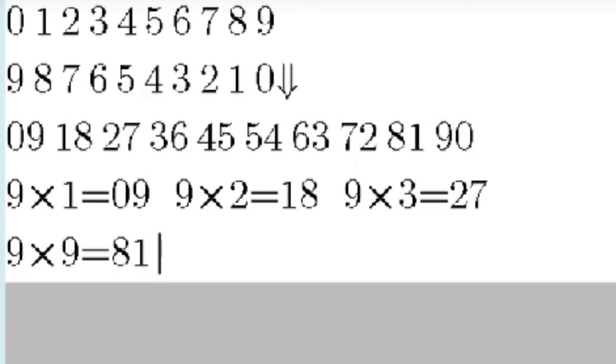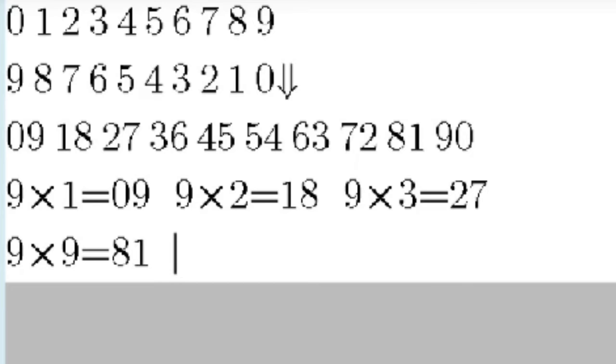You can still go further to check other ones like 9 times 6. 9 times 6, which is still the 6th number from the row. 0, 1, 2, 3, 4, 5, 6.